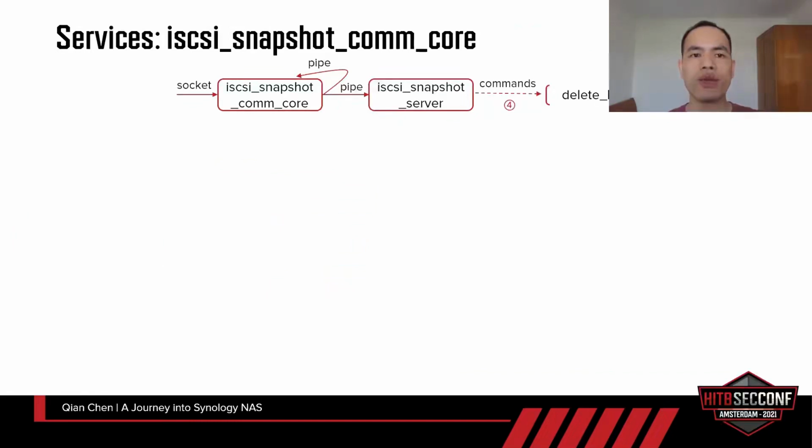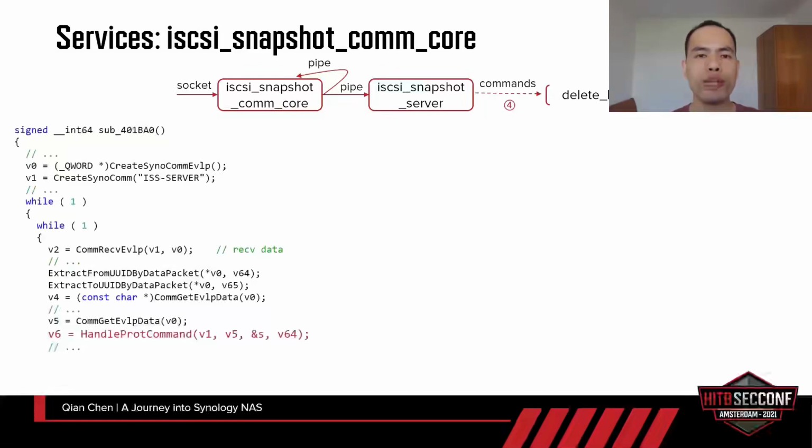Suppose we ignore it again and reach stage 4. The iSCSI server will read data from the pipe and deal with it. The function handle plot command will be called in normal routines.